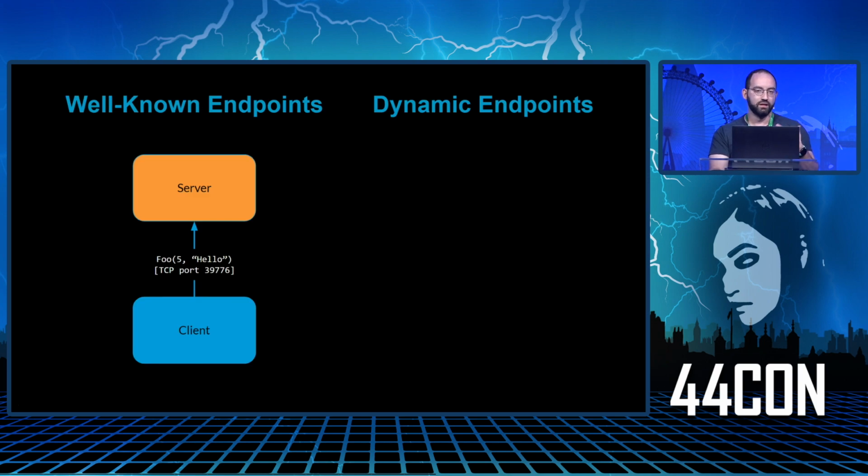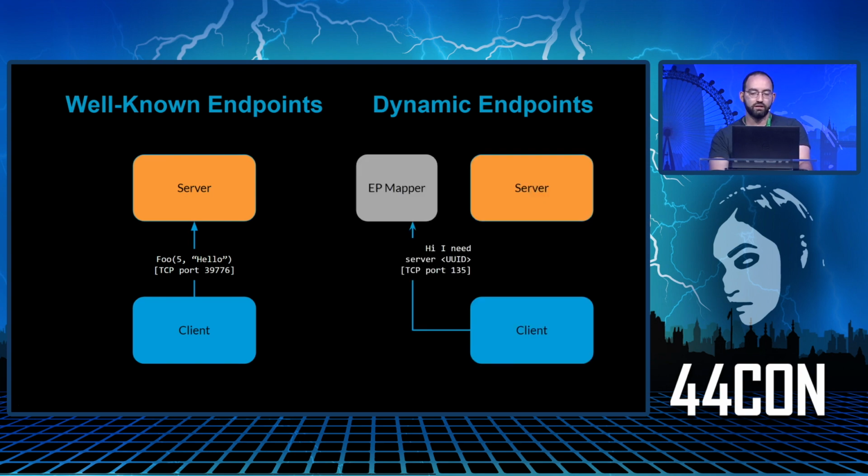An endpoint can also be either well-known or dynamic. In the case of well-known endpoints, they're well-known. Both the client and the server know what the endpoint is in advance and can just start communicating immediately. With dynamic, neither the client nor the server know what the endpoint is. Instead, they use the endpoint mapper, which is what we've seen in our network map.